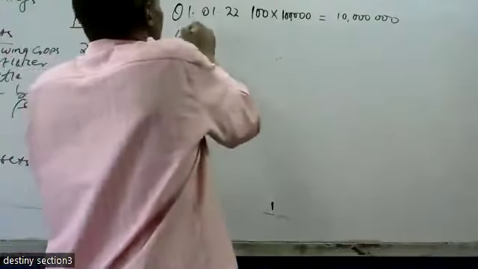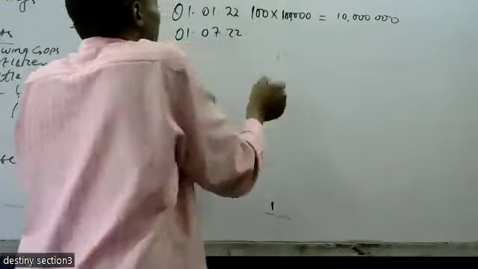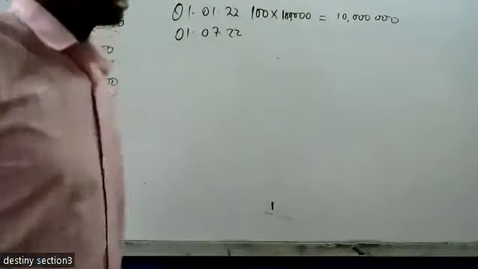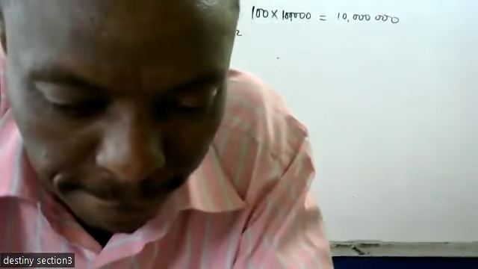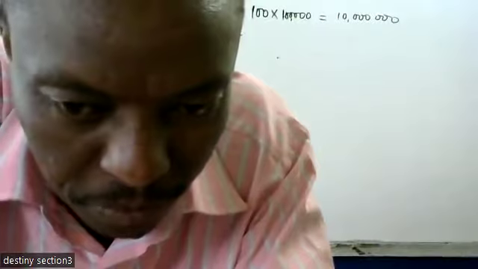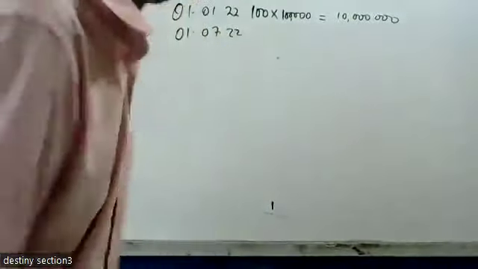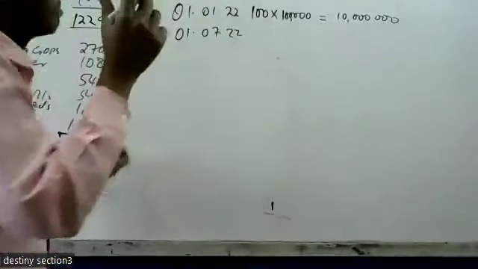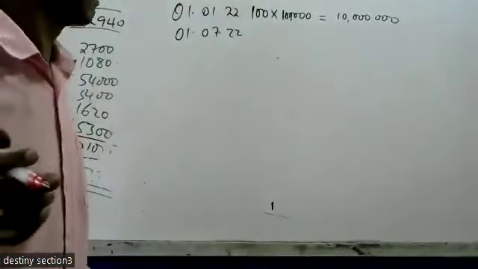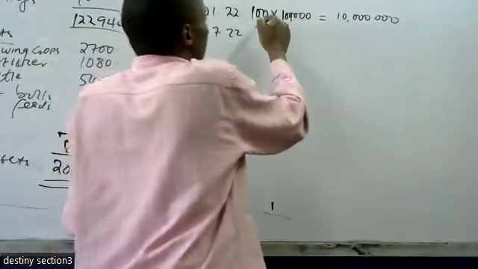Then what happened on 1st July 2022? He acquired additional cattle valued at 60,000 each. How many of them? 20. 60,000 times 20.